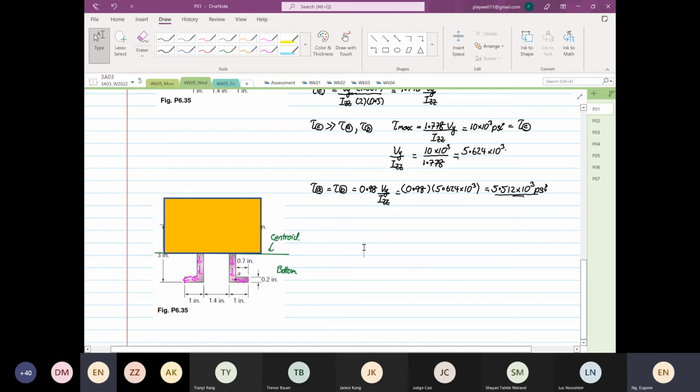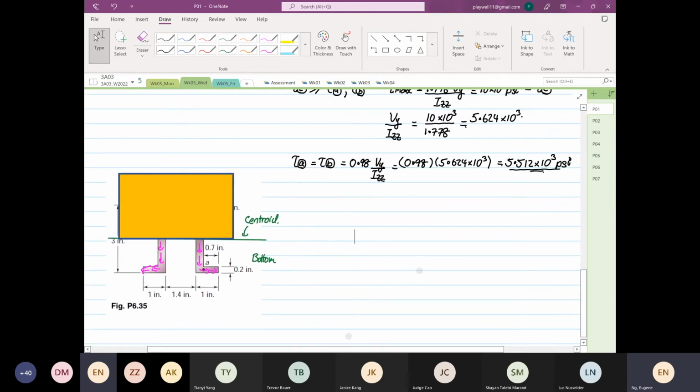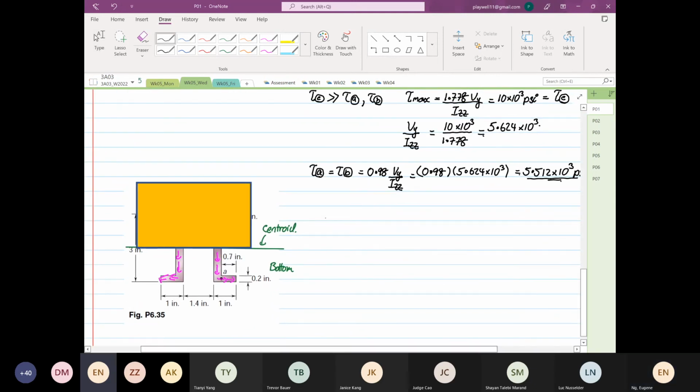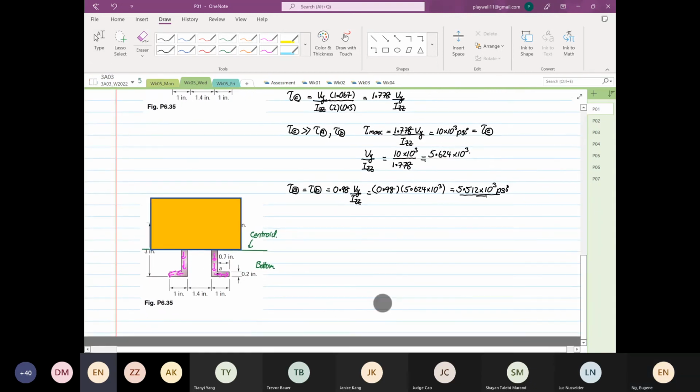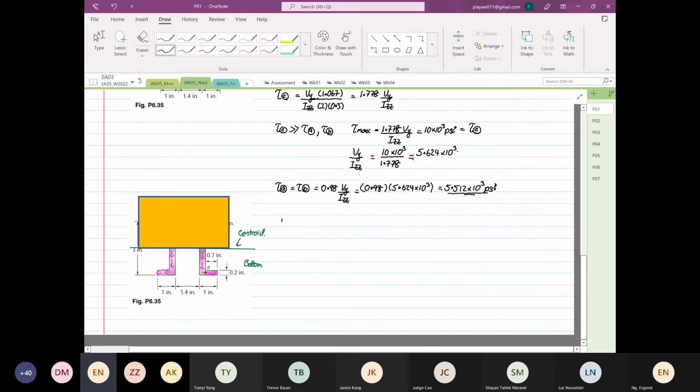So now you know that the analysis is wide flange now. For the bottom, the analysis is wide flange, and then it's just going to be Q. What do I mean, just Q?